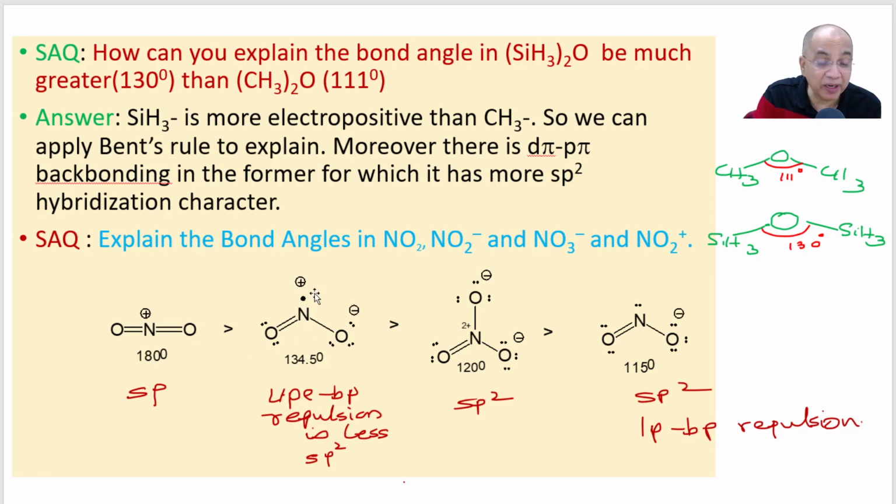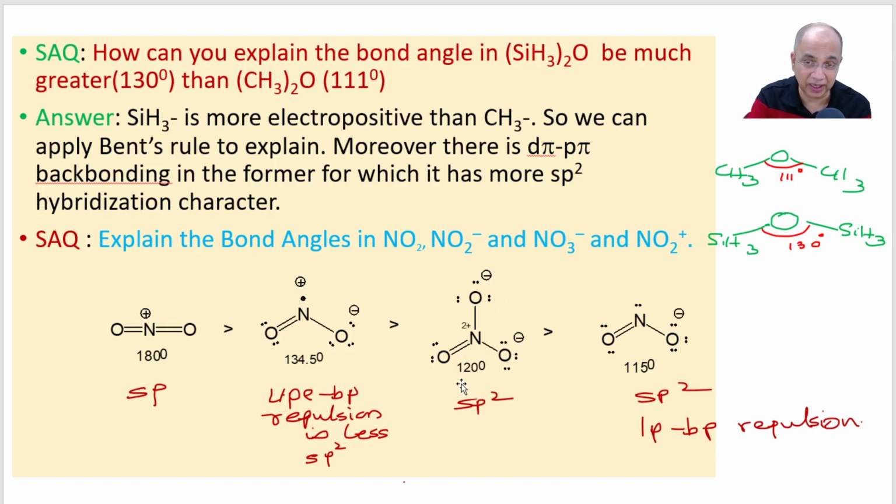Now there is one unpaired electron, so the repulsion is less. It is expected to be sp2, 120, but the pi bond is there, so bond pair repulsion is more, and lone pair repulsion is less, so the ultimate bond angle is 134.5, more than the expected 120 degrees. And it is exactly 120 degrees in nitrate ion because there is no lone pair and no unpaired electron.